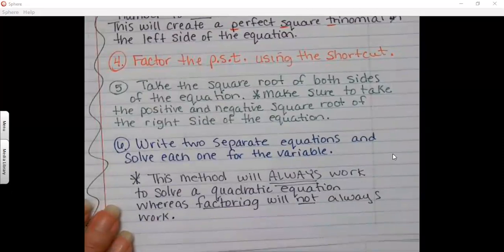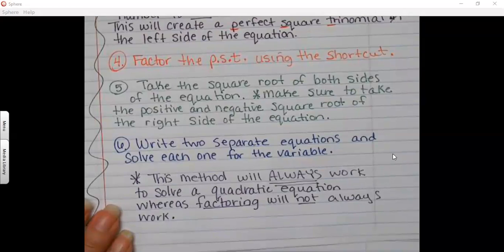Quadratic formula does always work to find your solutions. Completing the square does always work to find your solutions. Graphing will work if your graph crosses the x-axis. But you're not going to get an exact answer, so you just plug this into Desmos. Desmos will give you the rounded decimal answer if it is irrational, but you won't get the exact answer, but you can get a good idea. Quadratic formula always works. Completing the square always works. Okay?